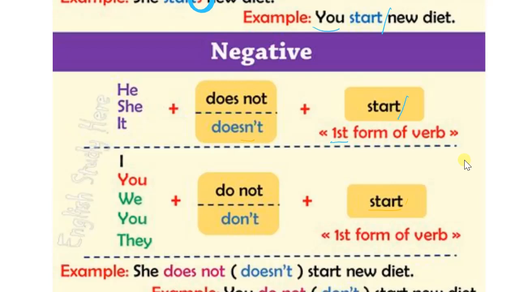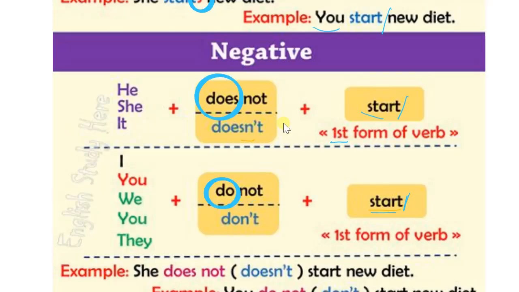Next, if the pronoun is they, we, I, you need to use do not, followed by the first form of the verb without s. It is the same as the upper one. The verb is the same.